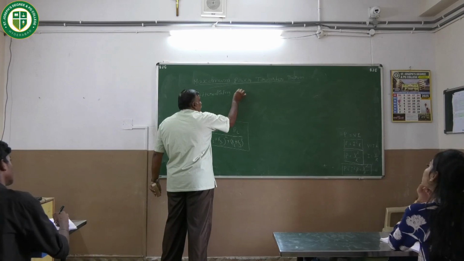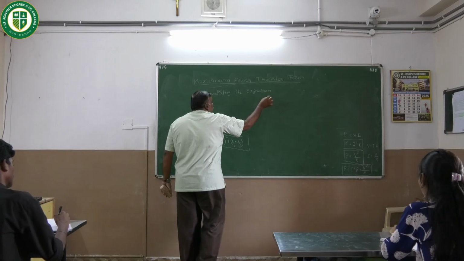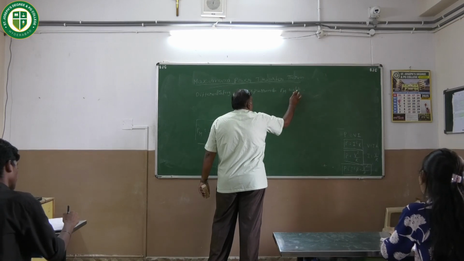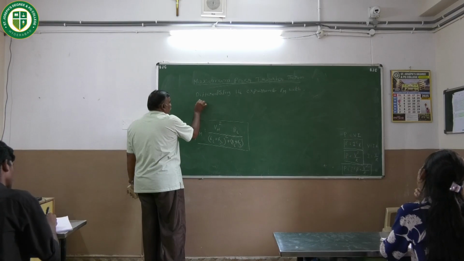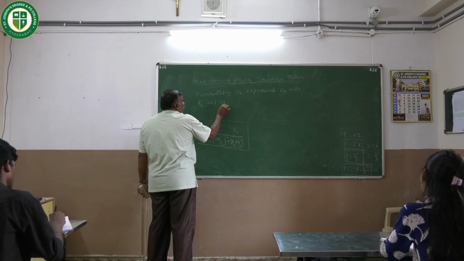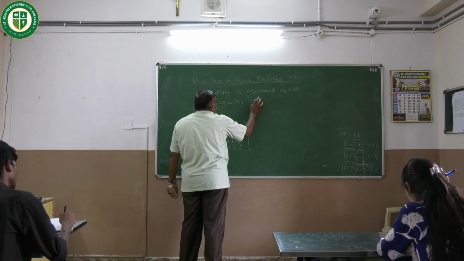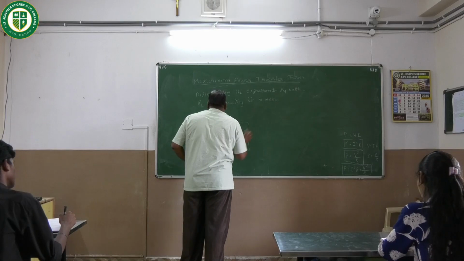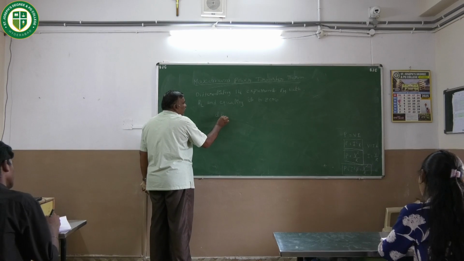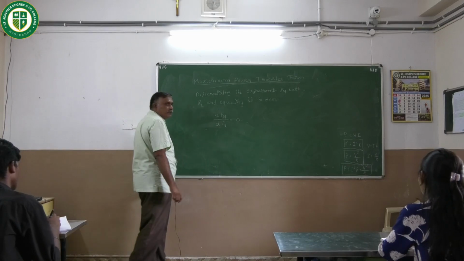Differentiating the expression of PM, nothing but the maximum power, with respect to RL and equating it to 0. That means dPM by dRL equal to 0.